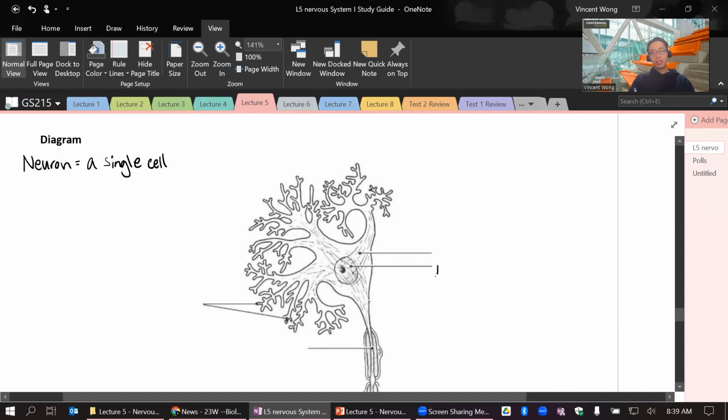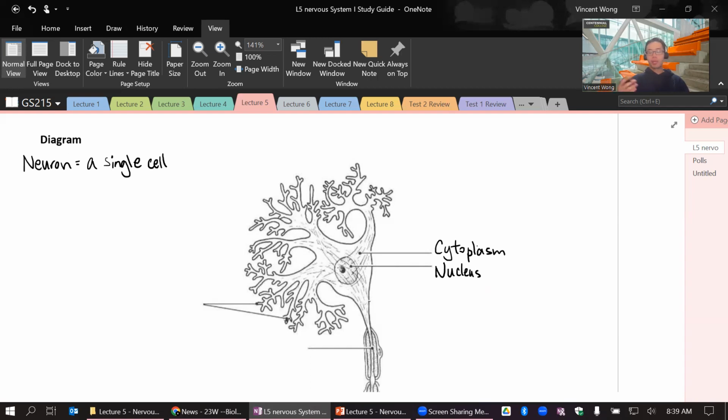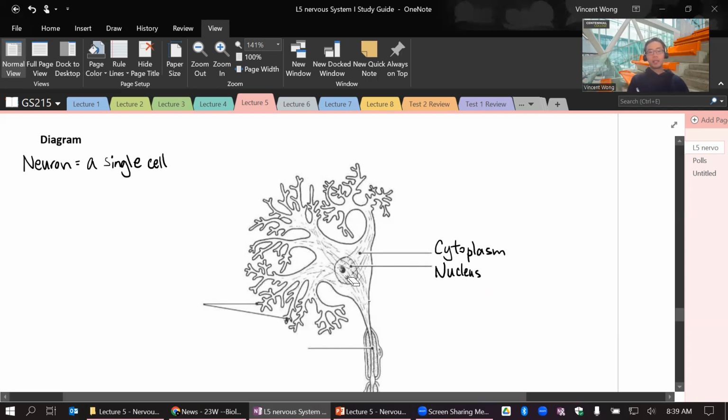That would be the nucleus. And over here, that would be the cytoplasm. And in the cytoplasm, you will find everything that you would expect to find in an animal cell: mitochondria, endoplasmic reticulum, Golgi apparatus, and all the stuff that you learned last semester, they will all be here in the cytoplasm.